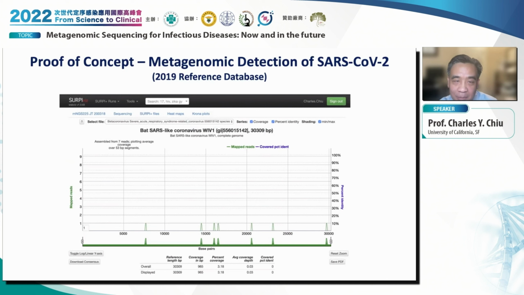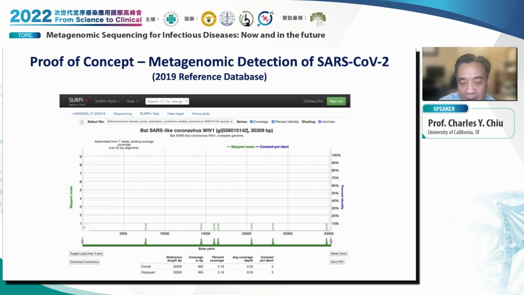And indeed, we can detect it, because the top hit is a bat SARS-like coronavirus, WIV1, which stands for the Wuhan Institute of Virology in Wuhan, China. At the time, that was the closest relative to SARS coronavirus 2, because the genome of SARS-CoV-2 had not been submitted to the database at the time we generated the database for SURPI.